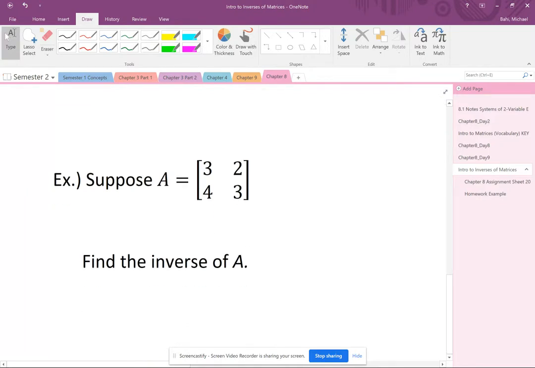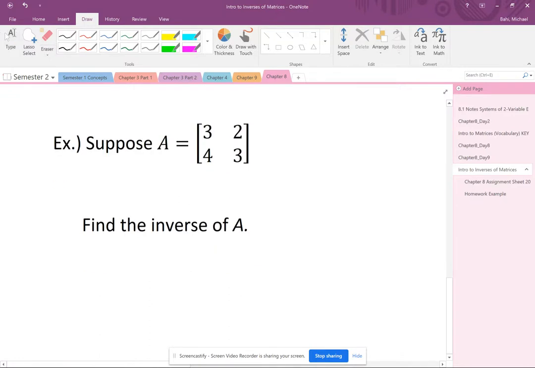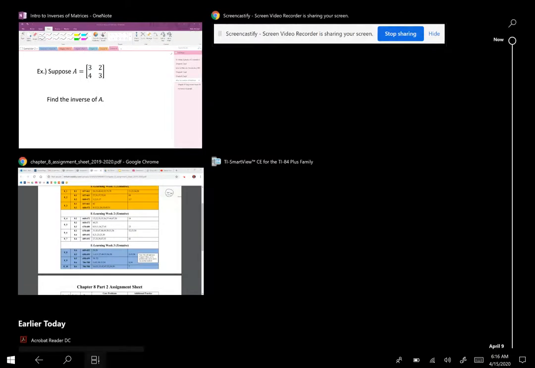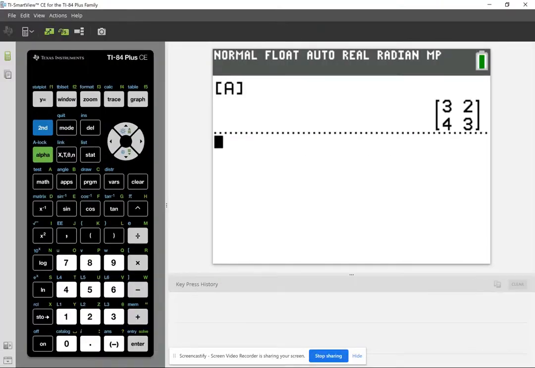So matrices have inverses too. Suppose matrix A is this 2 by 2 matrix, and let's find the inverse of A. All you need to do is on your calculators, when you type in the matrix, as you can see, you already have matrix A typed in.